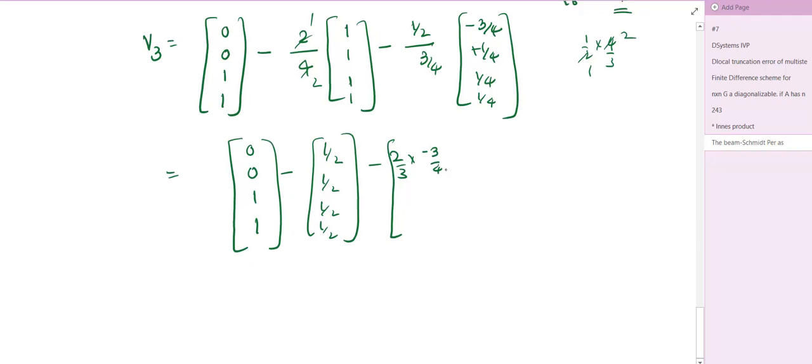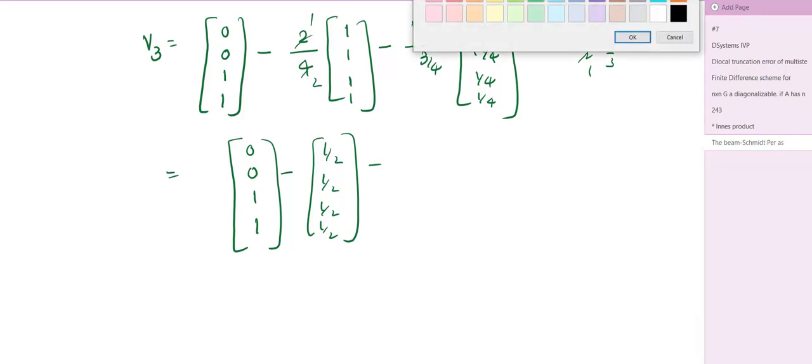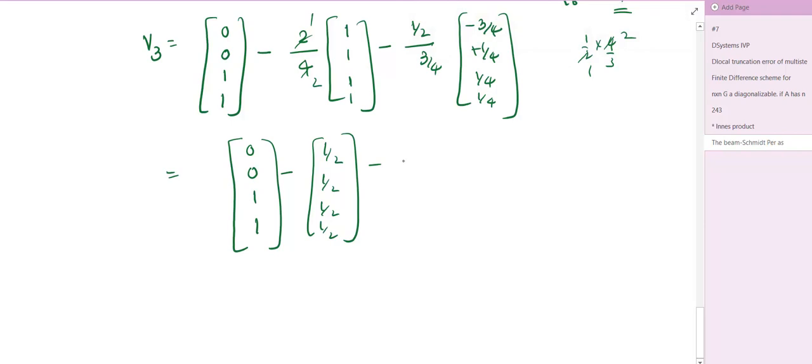So here you got minus 2 by 3. So 1 by 2 divided by 3 by 4 you have.